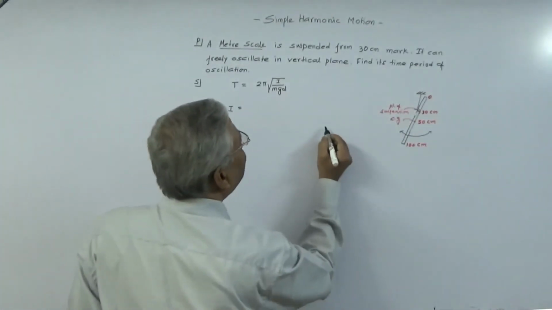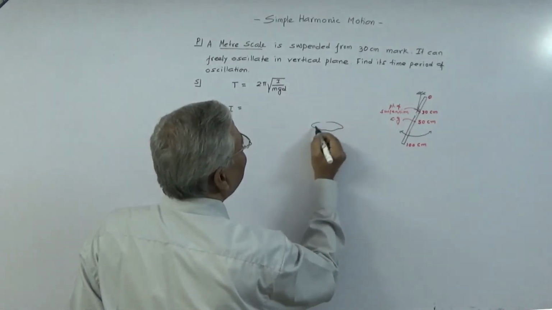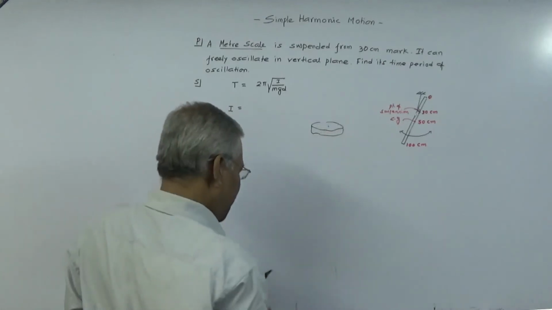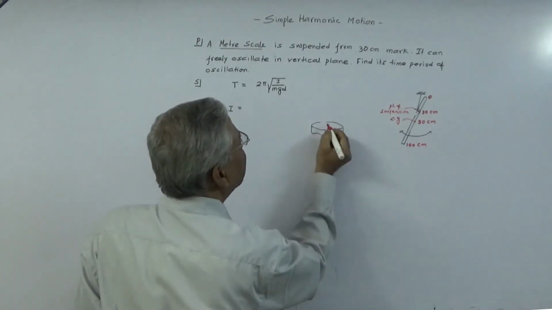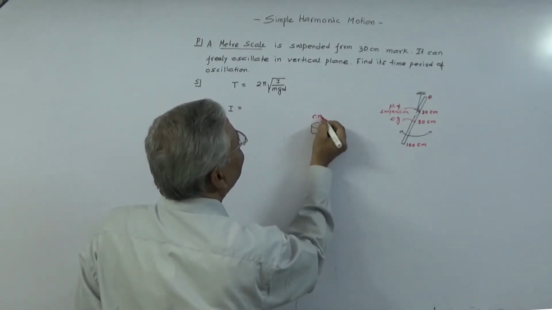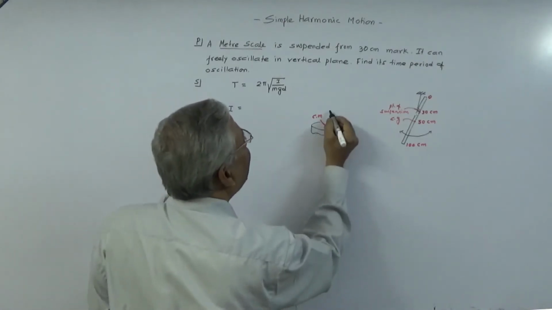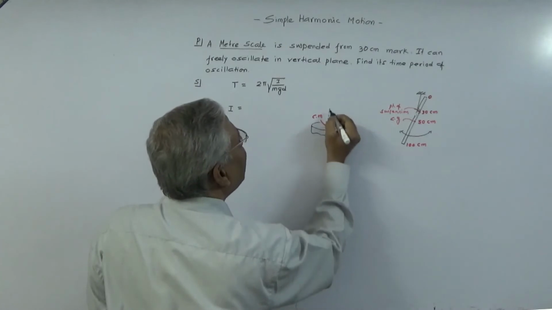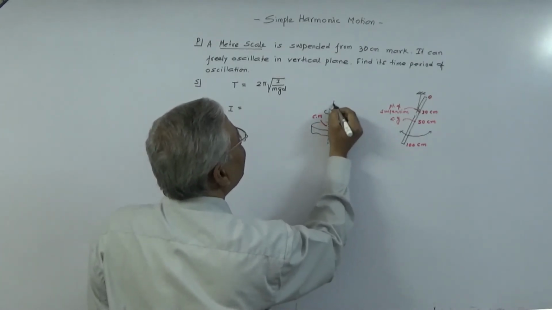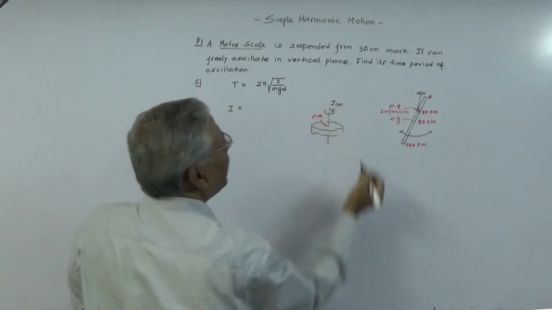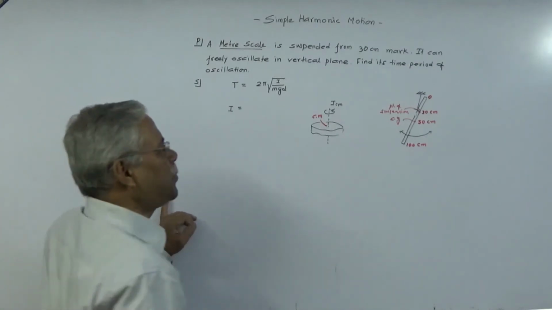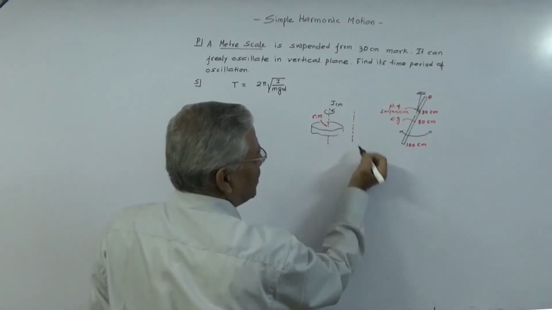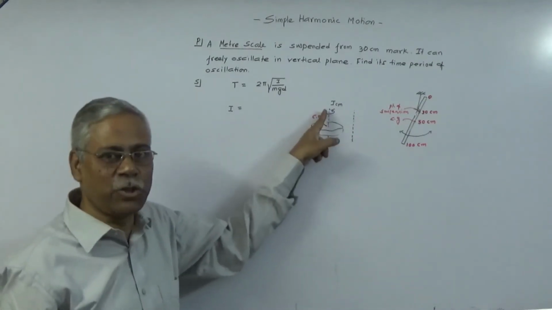Once again I will explain the parallel axis theorem. This point is CM, and when the body rotates about this axis, its moment of inertia is ICM. Then what is a parallel axis? An axis which is parallel to the axis through CM.